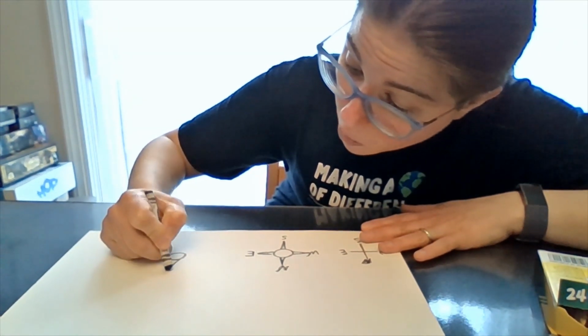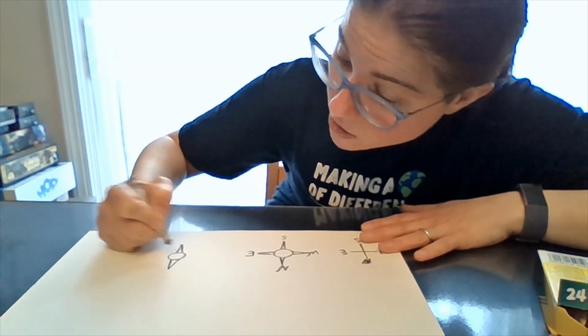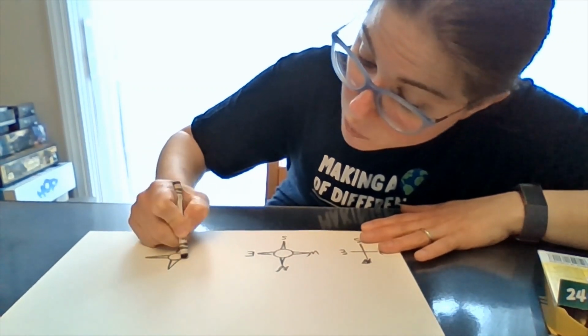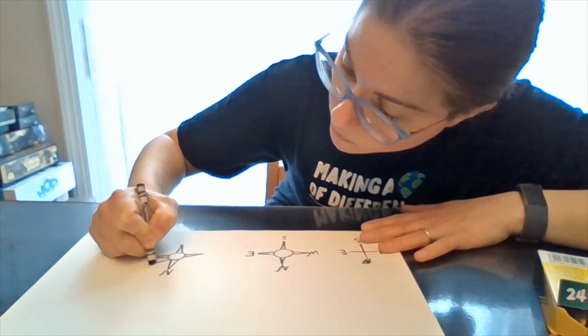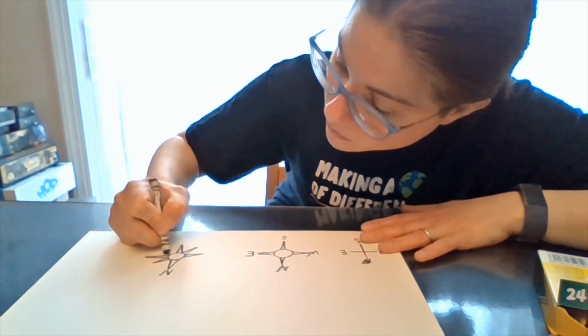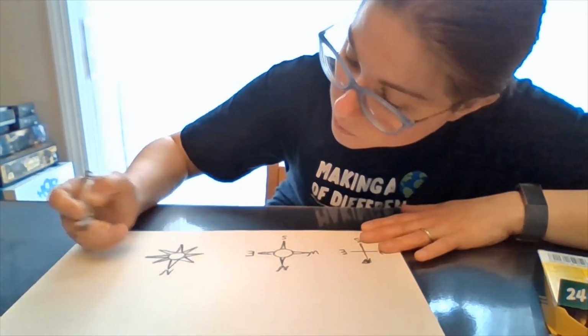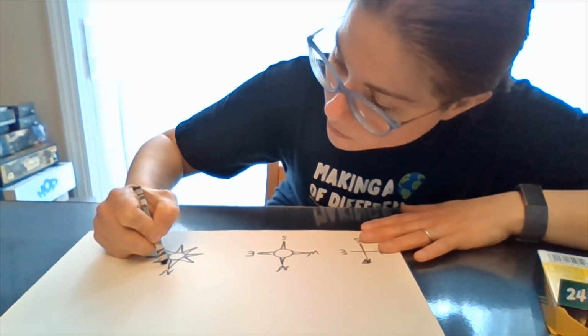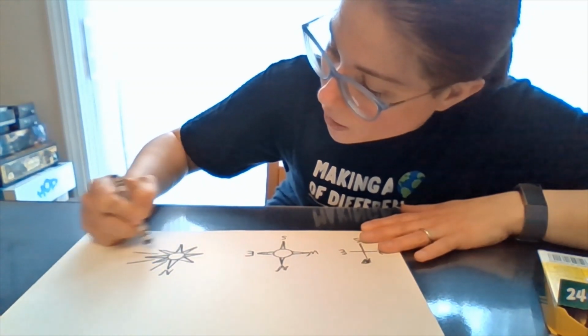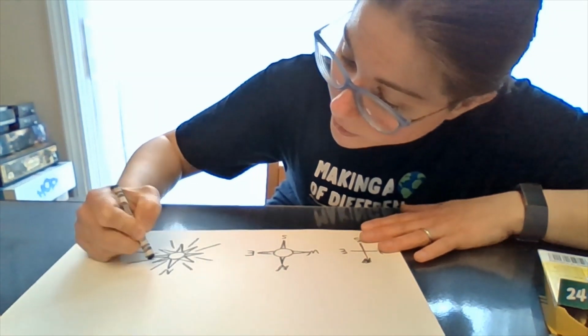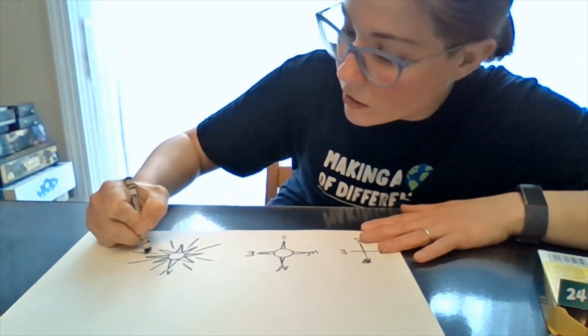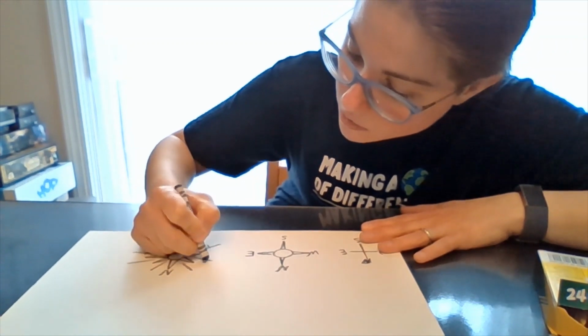This is your map project. You can make your compass rose as interesting or not interesting as you want to. You can color it in. You can leave it black and white. All of that is up to you.